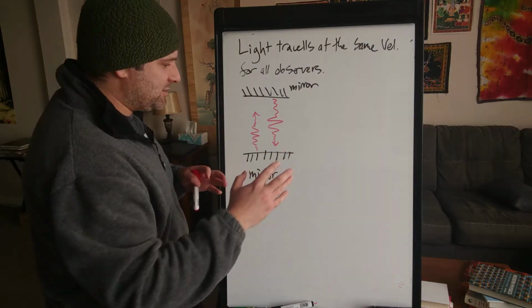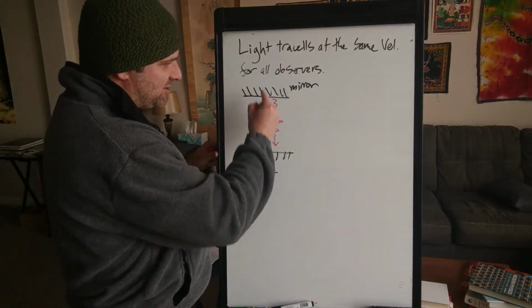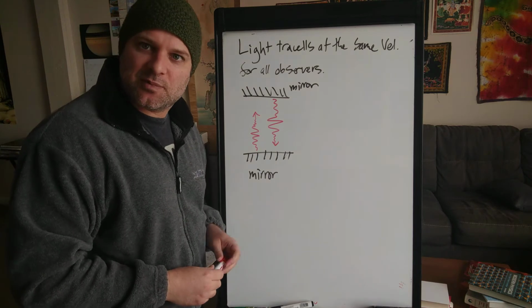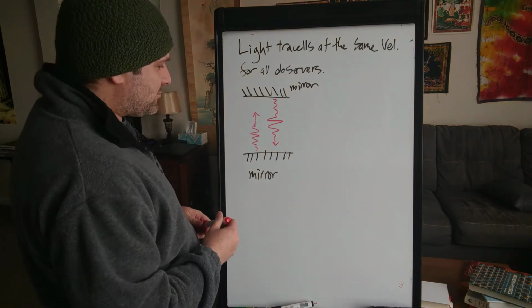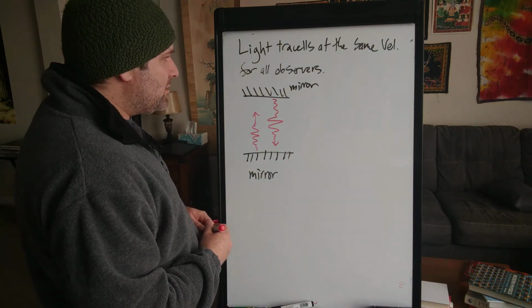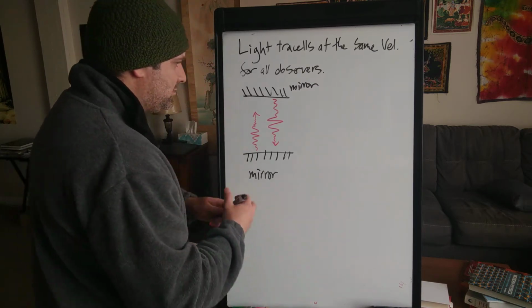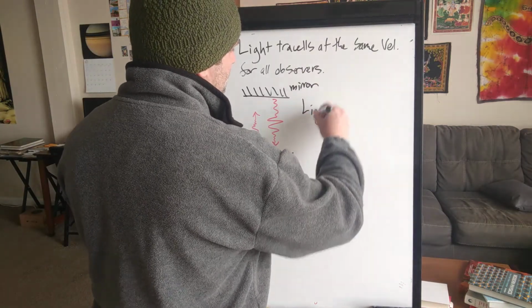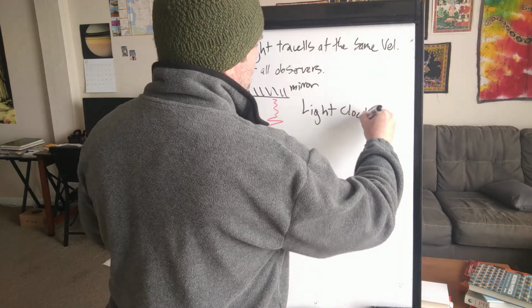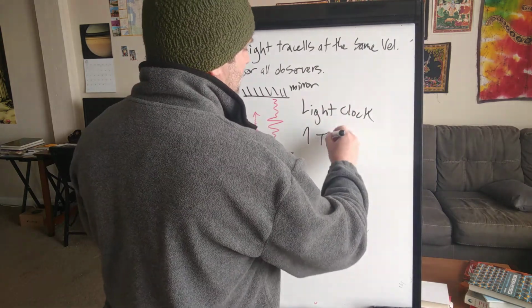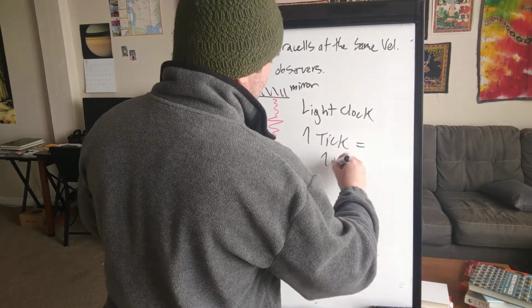None of it escapes. It just bounces back and forth, back and forth, back and forth. So for our light clock, one tick equals one round trip.